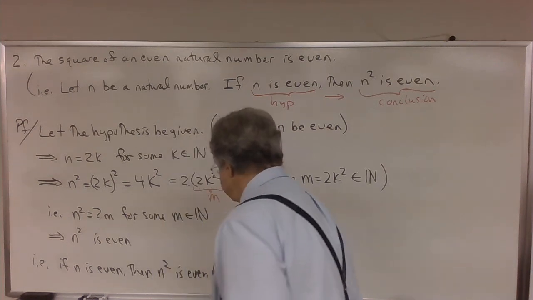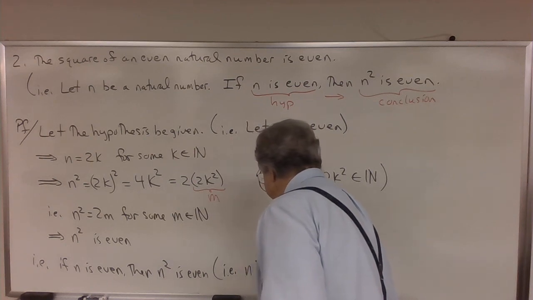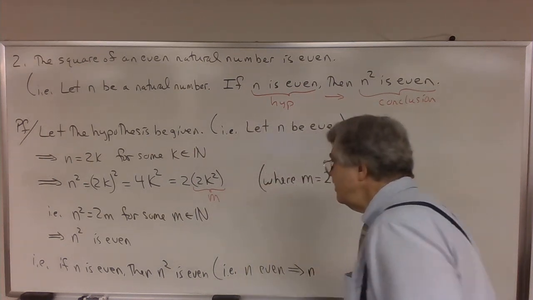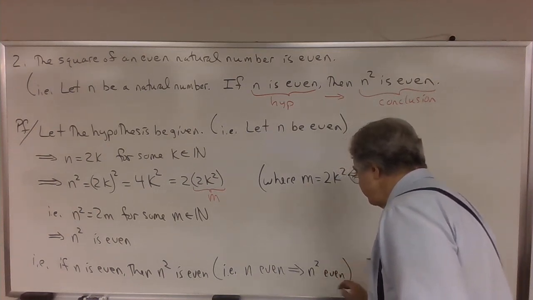Or I might write it this way: n even implies n squared is even.